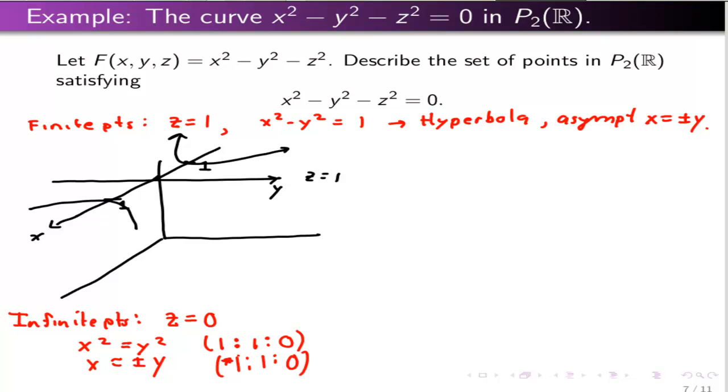So this curve has 2 points at infinity. 1, 1, 0 right here. And negative 1, 1, 0 over here. Now let's draw it on the hemisphere model.